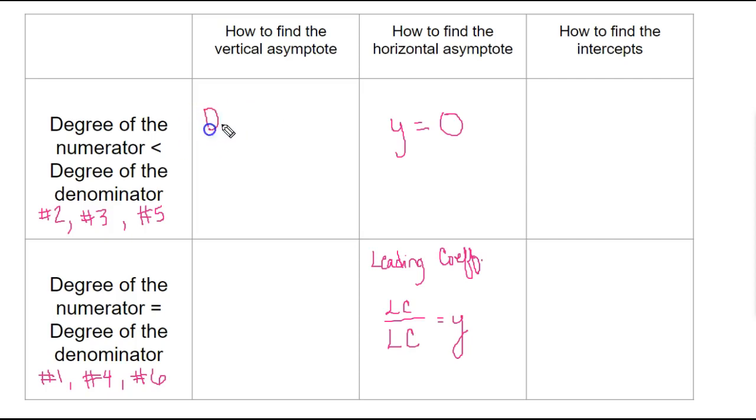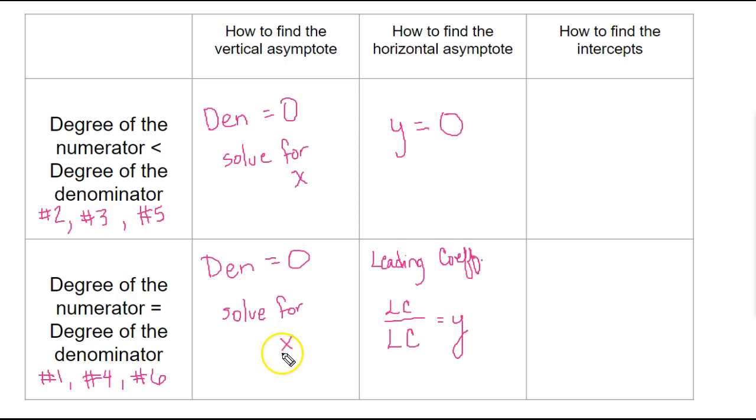So for both of these, if you set the denominator equal to 0 and solve for x, that's going to be how we find the vertical asymptote. And we did notice that sometimes we can have more than one vertical asymptote. Anything that would make the denominator equal to 0, we have to put a fence up and not let that happen, because we don't want to divide by 0.